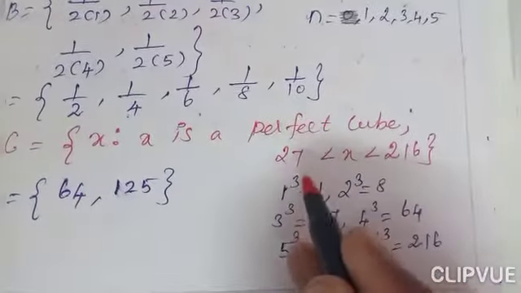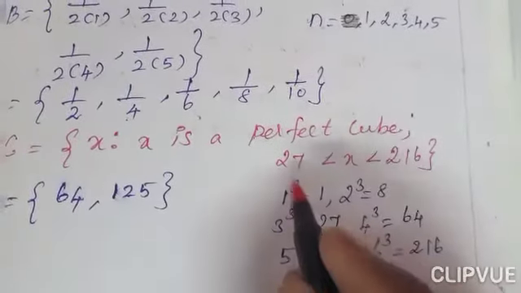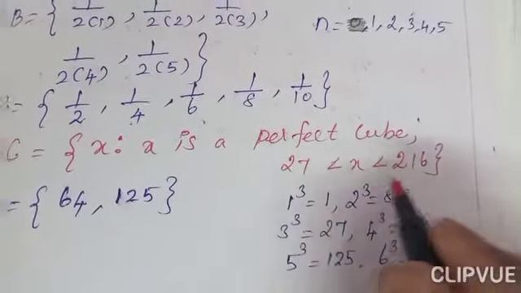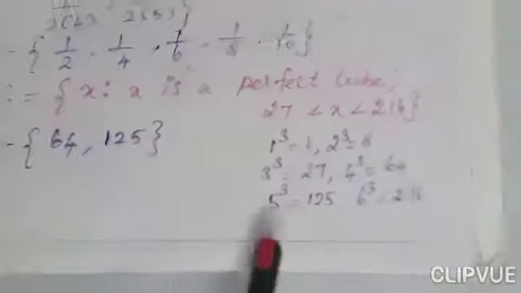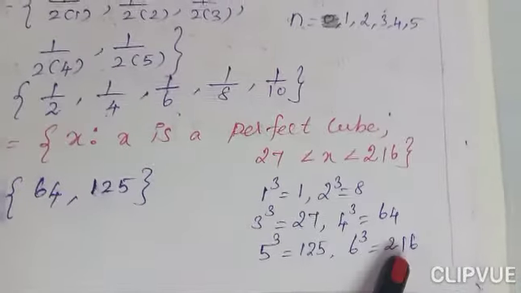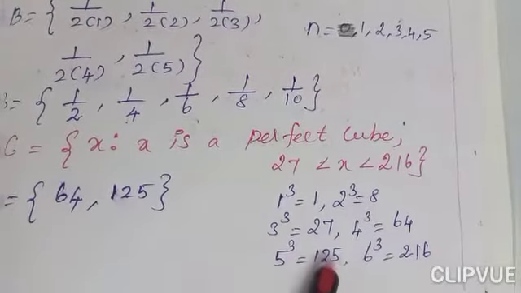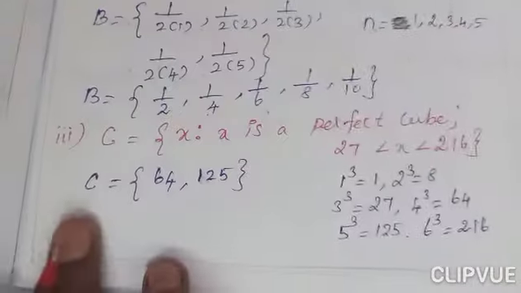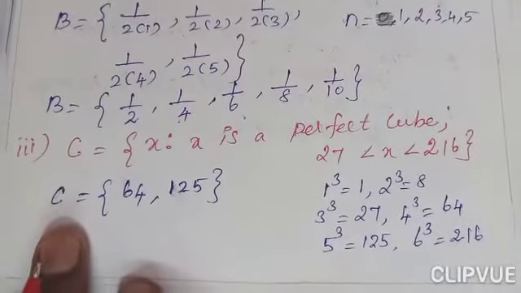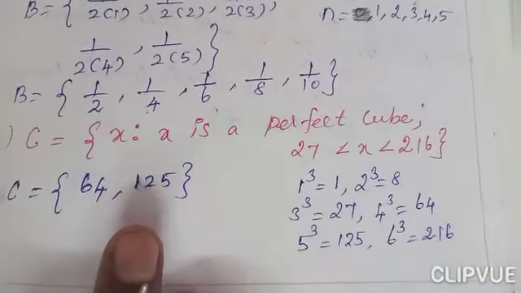They have given the condition that the number should lie between 27 and 216. What are the numbers between 27 and 216? Two numbers: 4 cube is 64, 5 cube is 125. Finally, we can write set C equals 64 and 125.